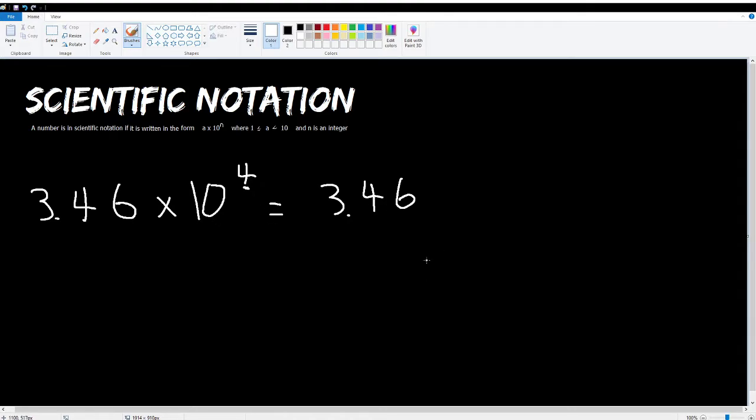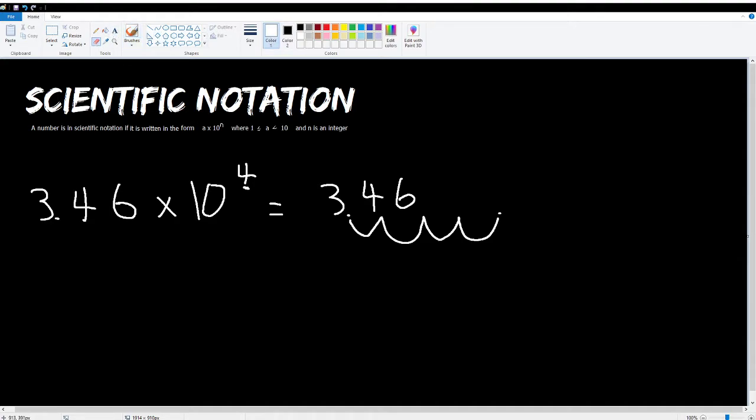That tells me my number is going to get bigger. And when my number is getting bigger, does my decimal move left or right? It moves to the right. How many times? The exponent tells you. If it's raised to the 4, I move it 4 times to the right. If it's raised to the 5, I move it 5 times to the right. So now it's raised to the 4, so I move the decimal 4 times to the right: 1, 2, 3, 4. That's where my new decimal is going to be.